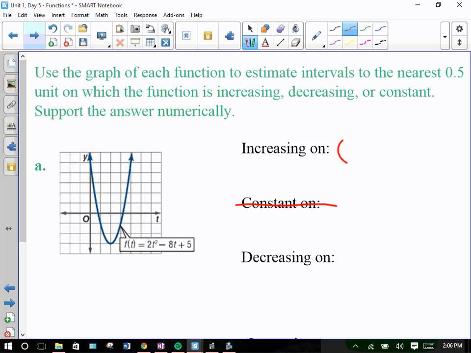So 2. So the x value is 2. I think people think like this right here. So 2 to infinity.